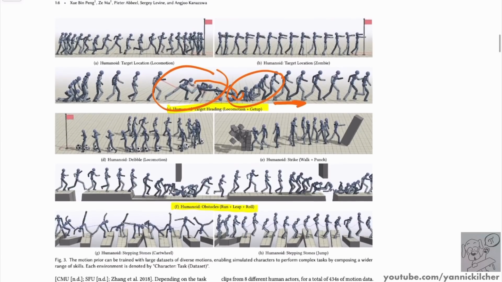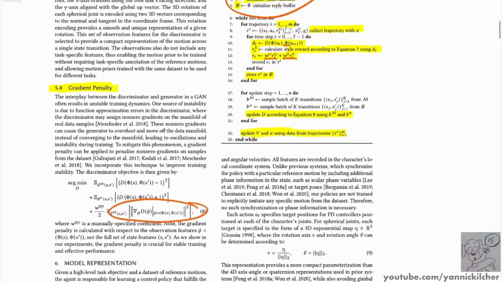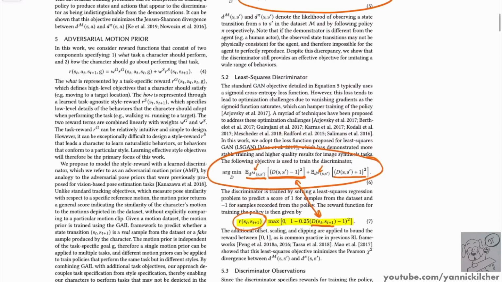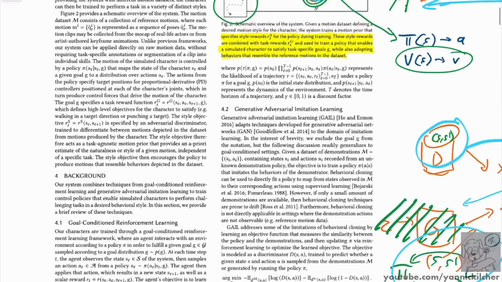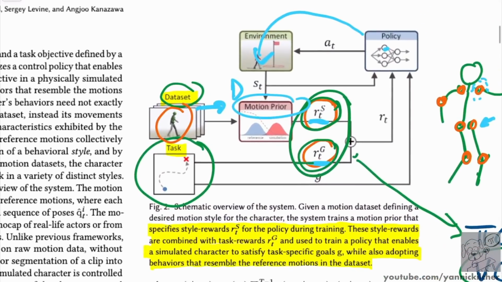So that's cool. On the other hand, I think it's pretty finicky because you have to strike the trade-off parameter between the two rewards quite clearly for your goal, because we've already seen, right, at some point the agent won't reach the goal anymore if the reward of the style is too high. We already saw this. If you have a data set of just running, the agent will simply neglect the goal.